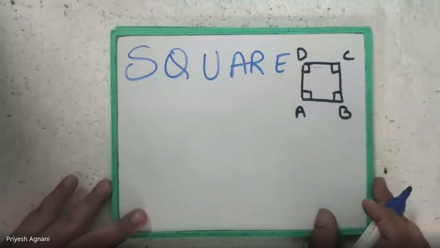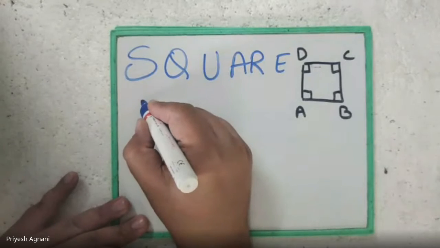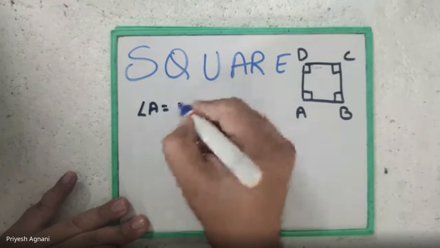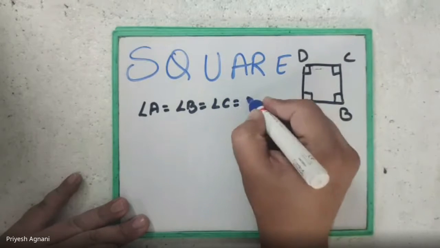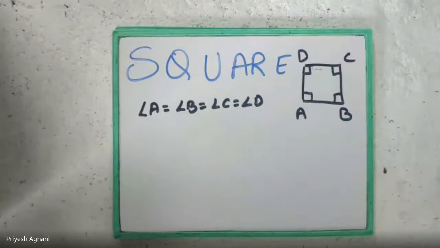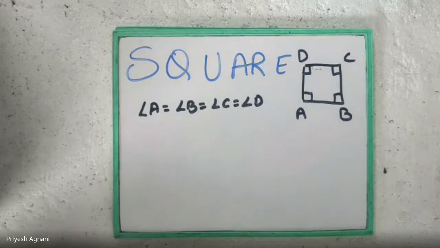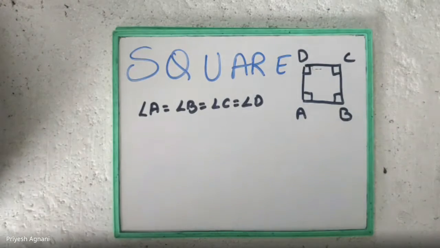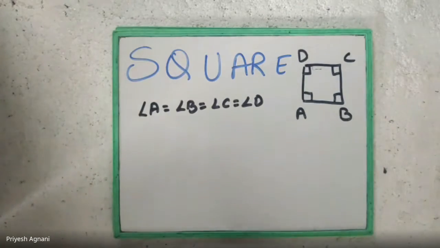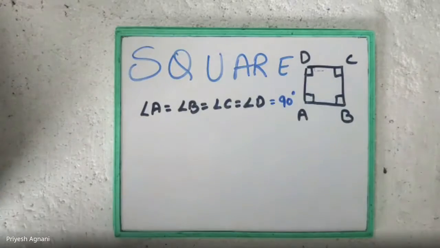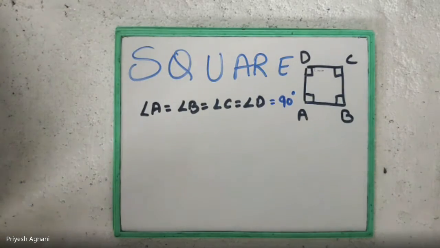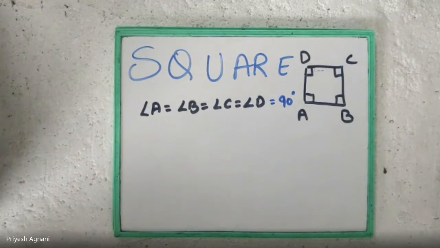All the diagrams with scale and pencil. Here we have angle A equal to angle B equal to angle C equal to angle D. All the angles of a square are equal to each other where it is equal to 90 degree. All the angles of the square are right angles.